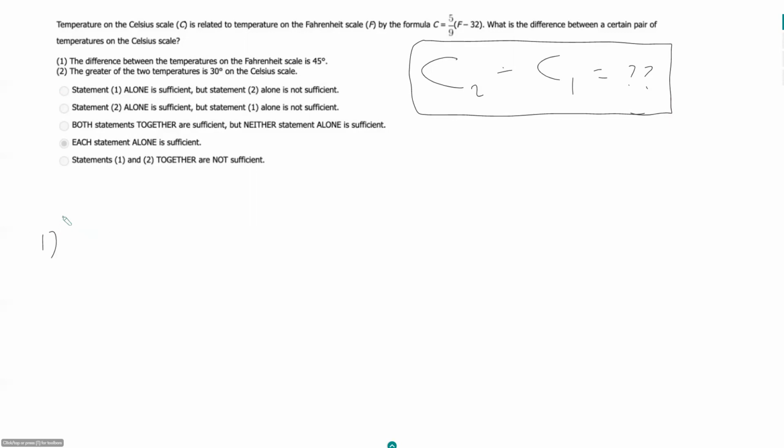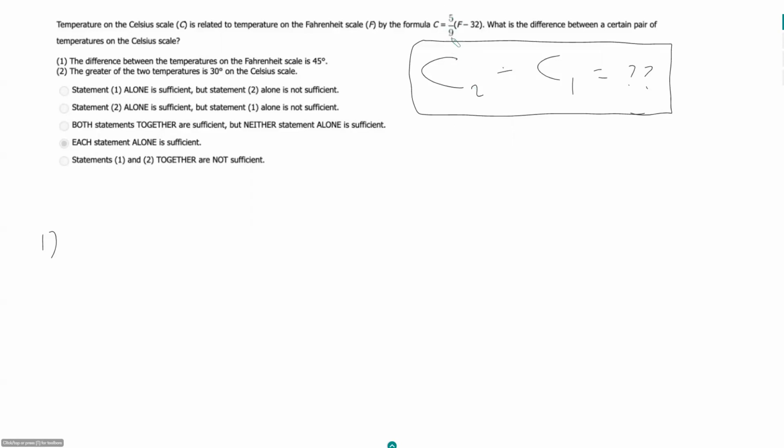Statement 1 says the difference between the temperatures on the Fahrenheit scale is 45 degrees. So let's try to get our Fahrenheit temperature in terms of our Celsius temperature.